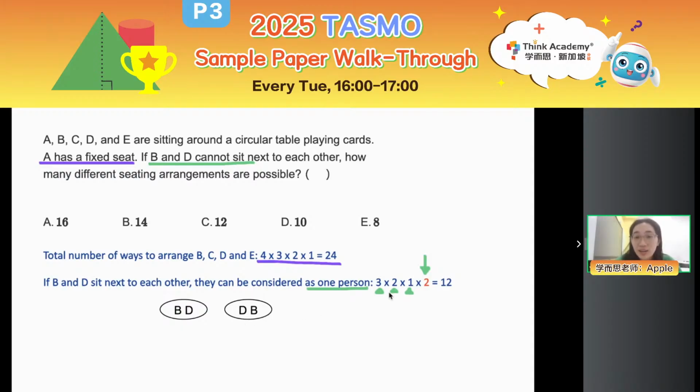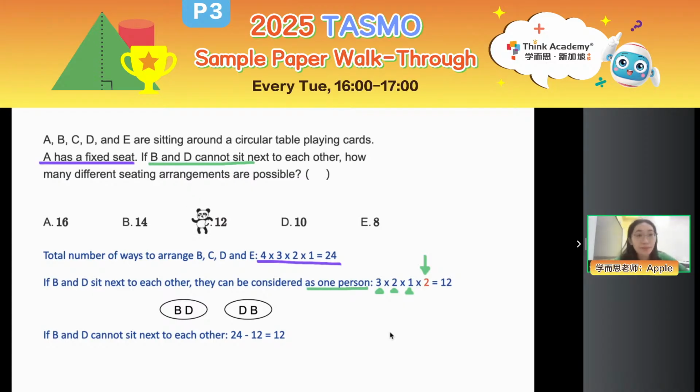Yeah, so following this, 3 times 2 times 1, we still need to multiply it by 2. That is, if they sit together, there will be 12 ways. But back to the question, it is about the cannot. So what should I do? You just use the total and then minus the opposite case. So 24 minus 12, you can get the answer is 12.